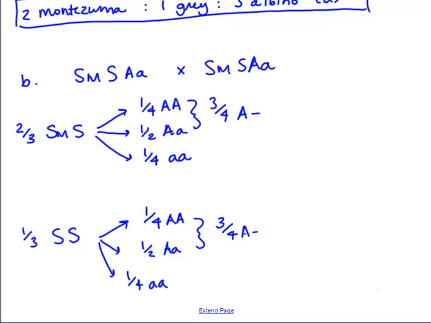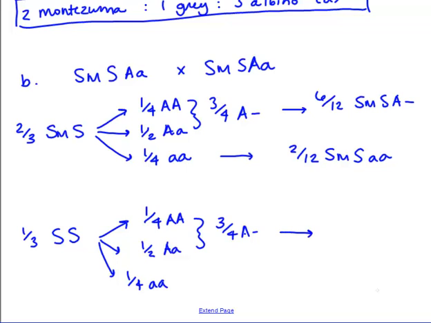You have 2/3 times 3/4, and that equals 6/12, and these are SMS, big A, dash, because it could have a big A, or big A, little a. Then you have 2/3 times 1/4, and that gives you 2/12 SMS, little a, little a.